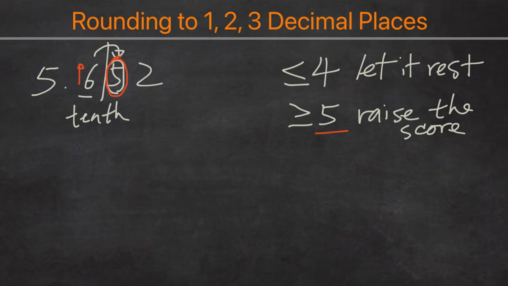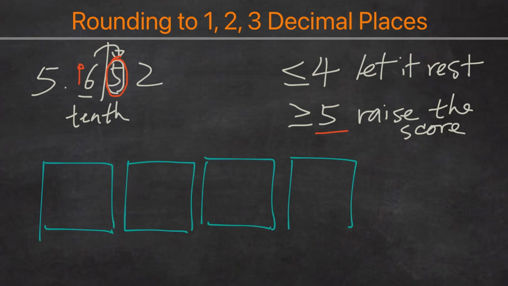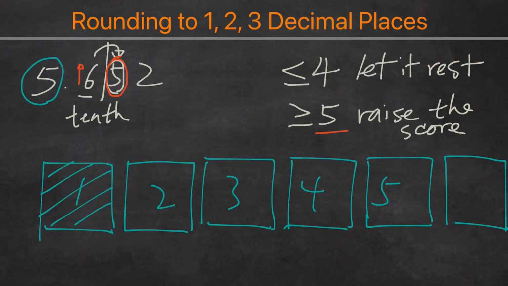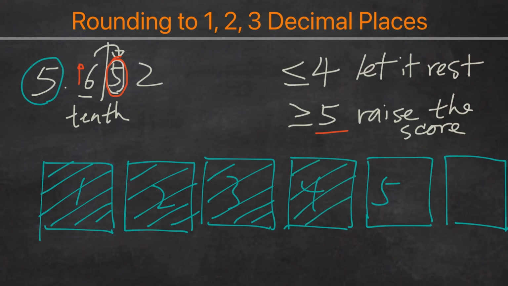Now, if you want to see this from the visual side, let's just say we have 5 containers, and the 5 containers represent the whole number of 5. Now the 6th container that we have is not completely full. So I'm gonna shade the 5 that were full to illustrate that these represent the whole number of 5.